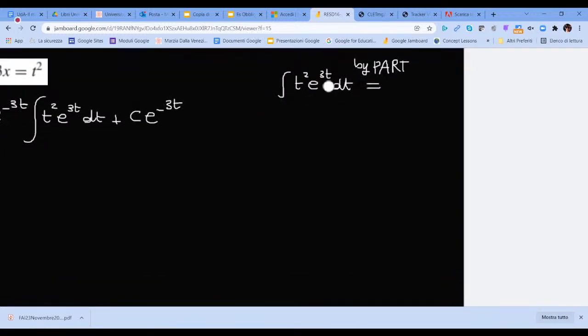So what is in this case easy to differentiate and easy to integrate?